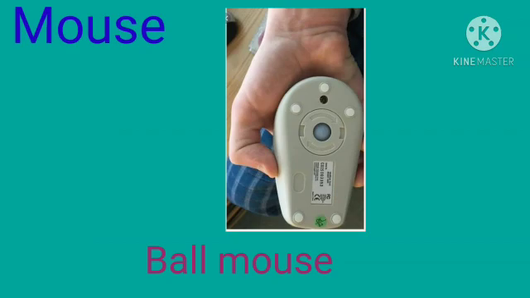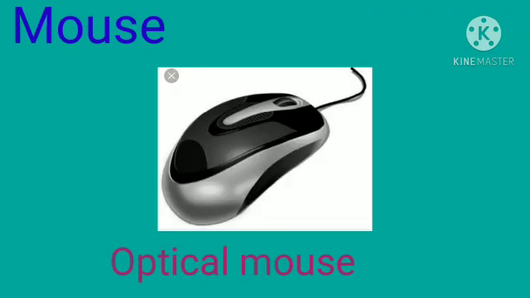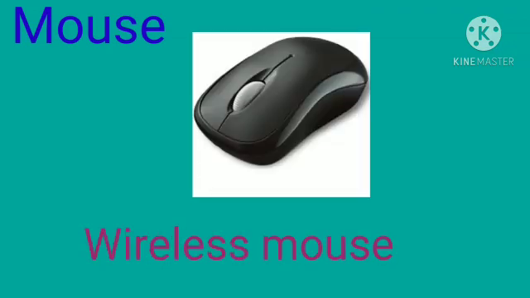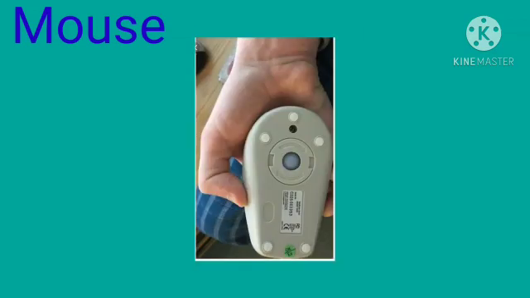Ball mouse: a ball mouse uses a rubber ball for its cursor movement. Optical mouse: an optical mouse uses light instead of a ball for its cursor movement. A wireless mouse does not need any wire to connect with the computer. Ball mouse is not used anymore.